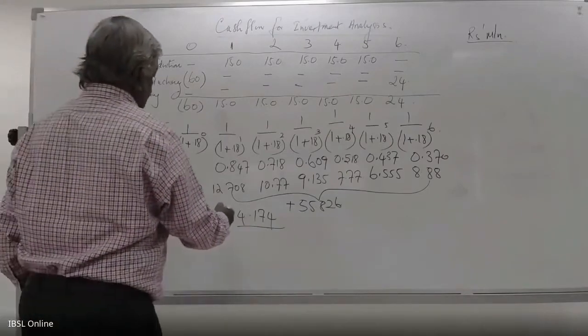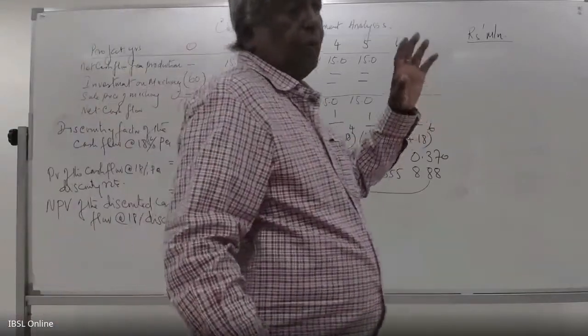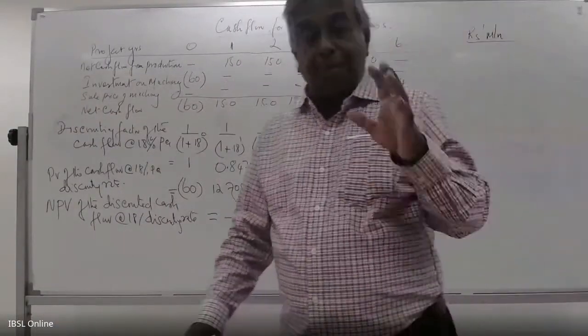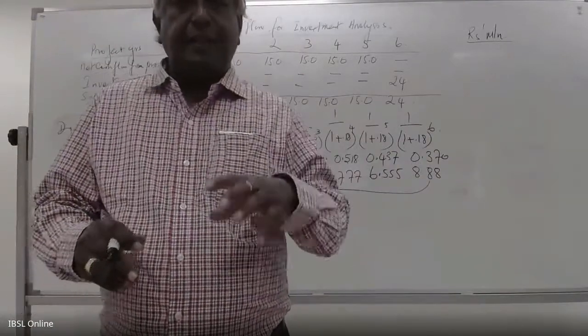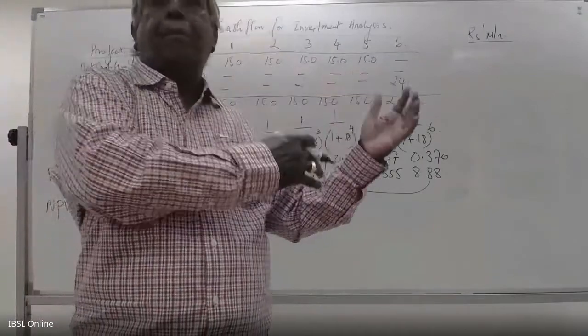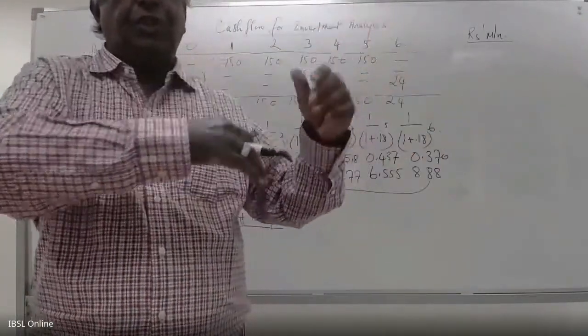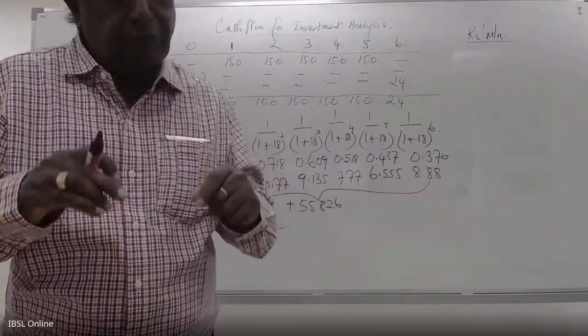What do you mean by discounted cash flow? The normal cash flow, when you apply the discounting rate and convert all the future values into the present value, is called discounted cash flow.